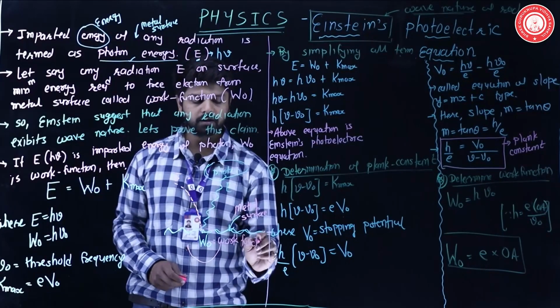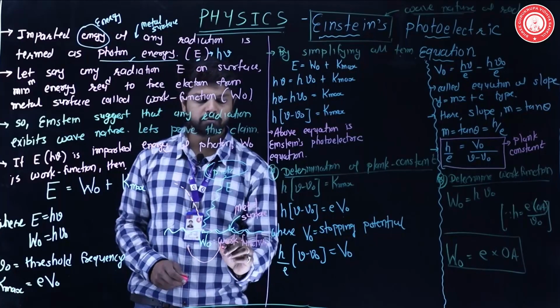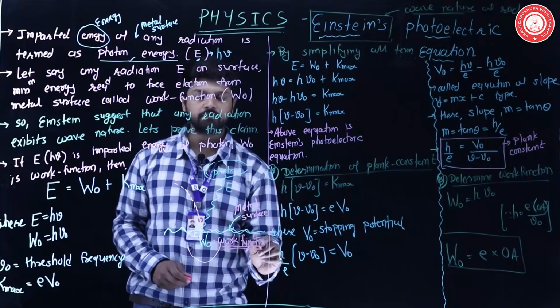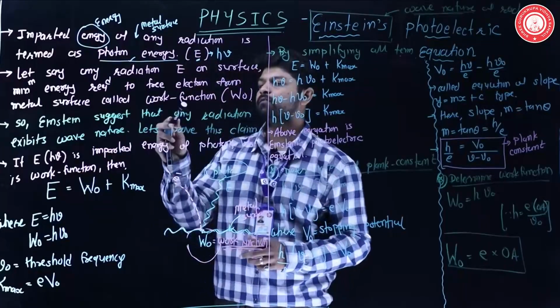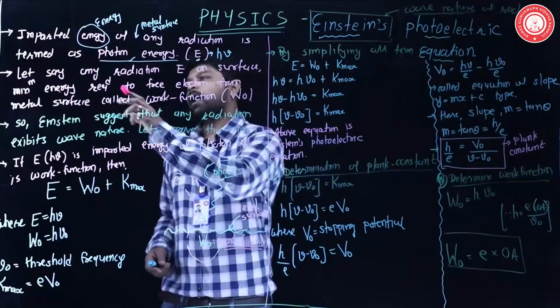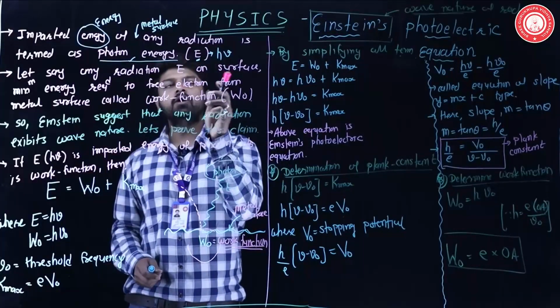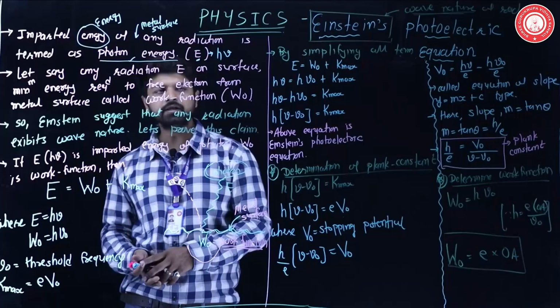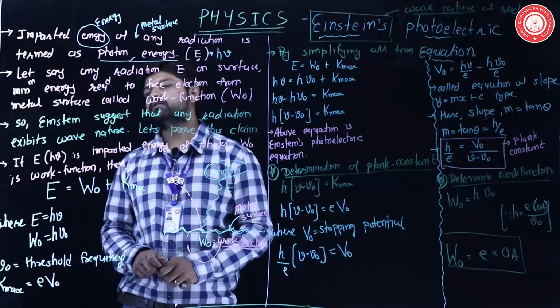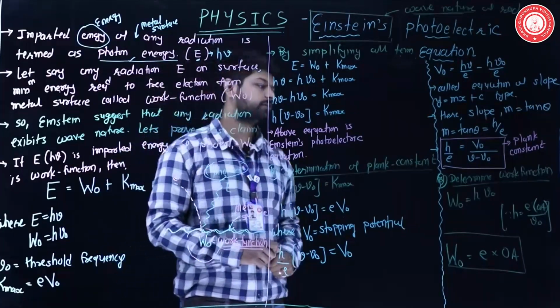In this theory, we would like to introduce one new term, which is work function. So, what do you mean by work function? Any radiation E on surface, the minimum energy required to free the electron from the metal surface is called work function.